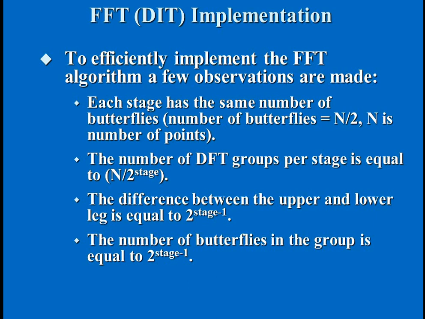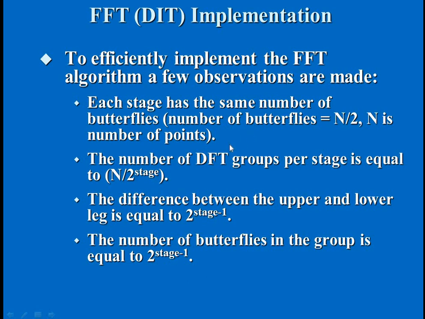Before getting into numerical problems using DIT, there are a few observations to watch for. I am not going to insist that you memorize all these observations, because as you solve numerical problems, you will get to know them.